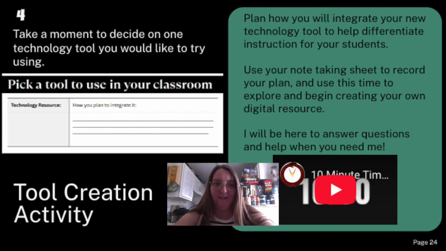Thank you for sharing. We're going to take a moment to decide what technology tool you would like to try using today. On that note-taking sheet that you have, there is a section at the bottom where it says pick a tool to use in your classroom. That is where you can record what resource you would like to try and how you plan to integrate it into your classroom.